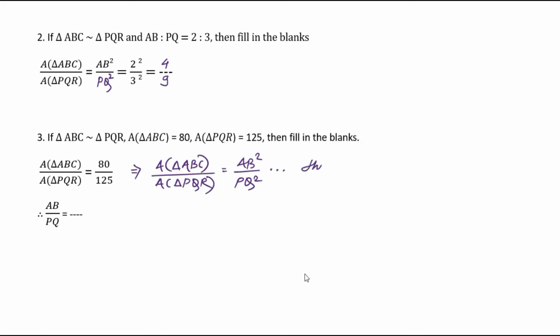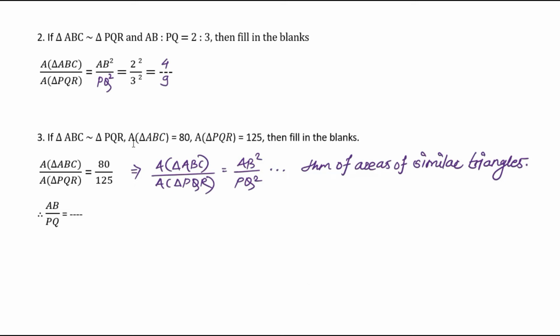This is the theorem of areas of similar triangles. So according to this theorem, we can write this, only if these triangles are similar.